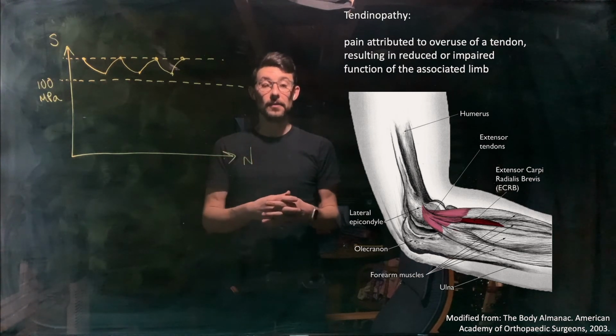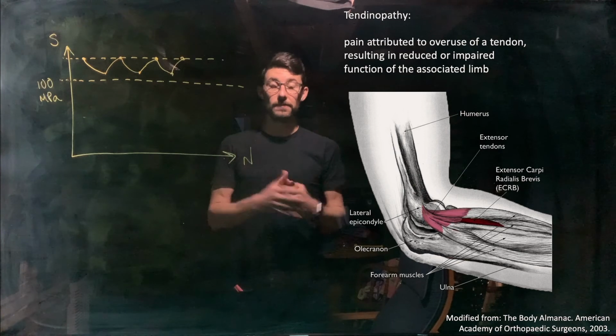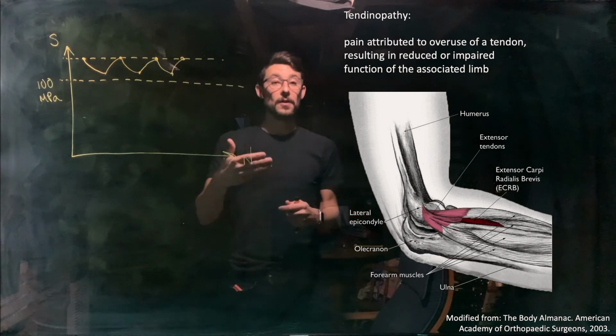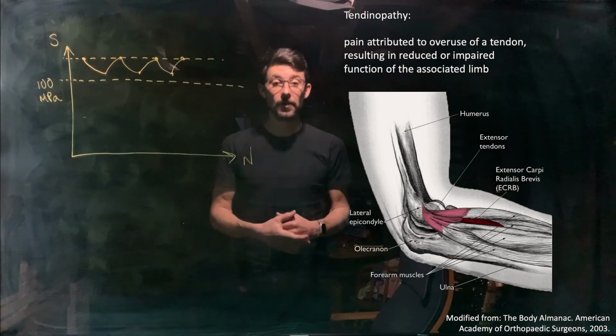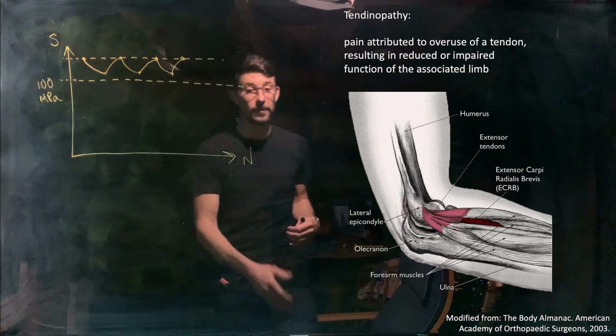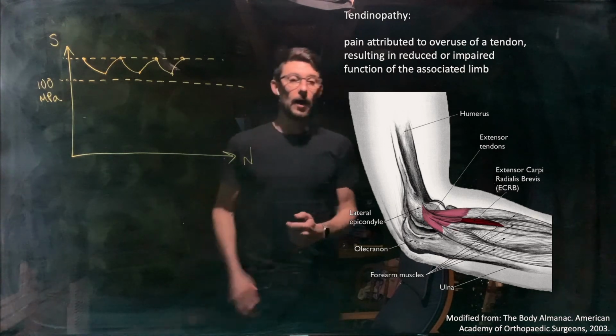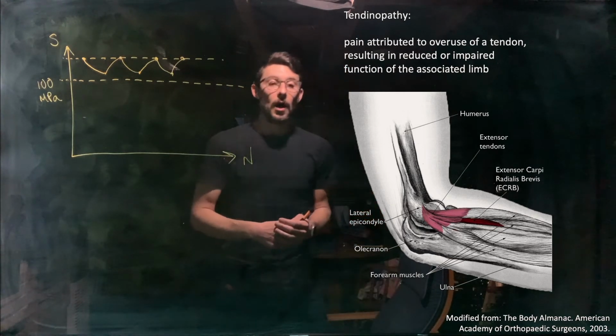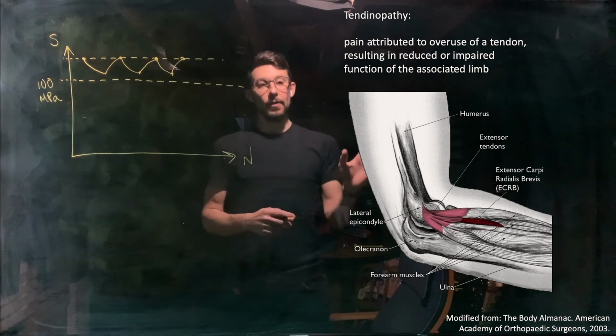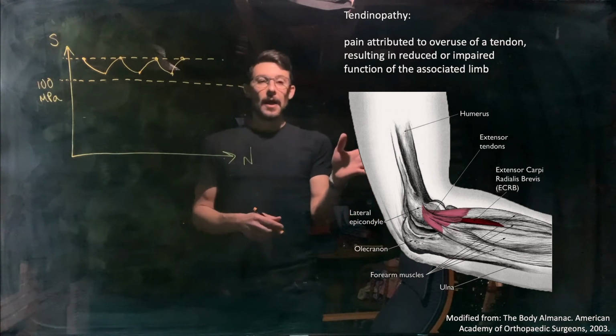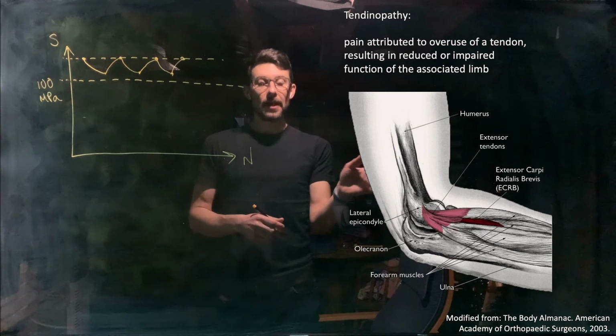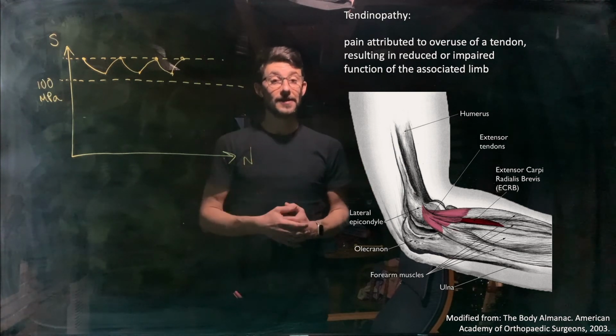Tendinopathies commonly happen in lots of different tendons. You get Achilles tendinopathy commonly, patellar tendinopathy, right below your kneecap. Lateral and medial epicondylitis, and you notice that still has the itis on.